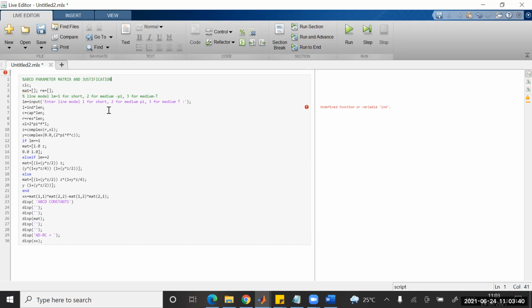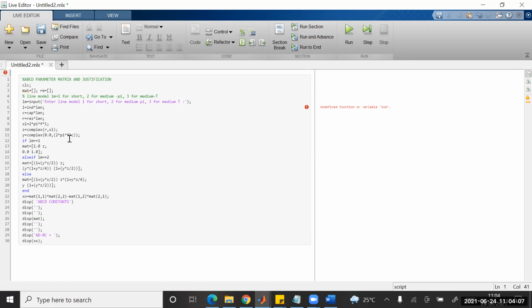So what we'll do is fix this issue. By fixing the undefined function or variable, that is vr.